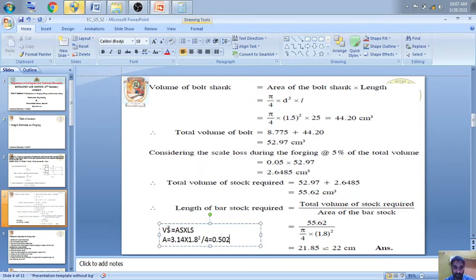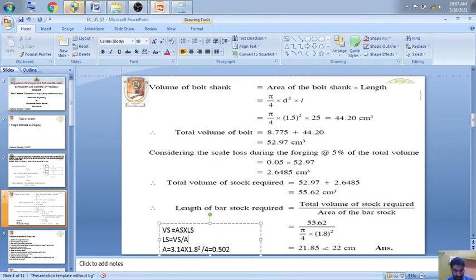So we know that volume of stock is area of the stock into length of stock. We need to find out the length of stock. By cross multiplication, length of stock is Vs divided by As.